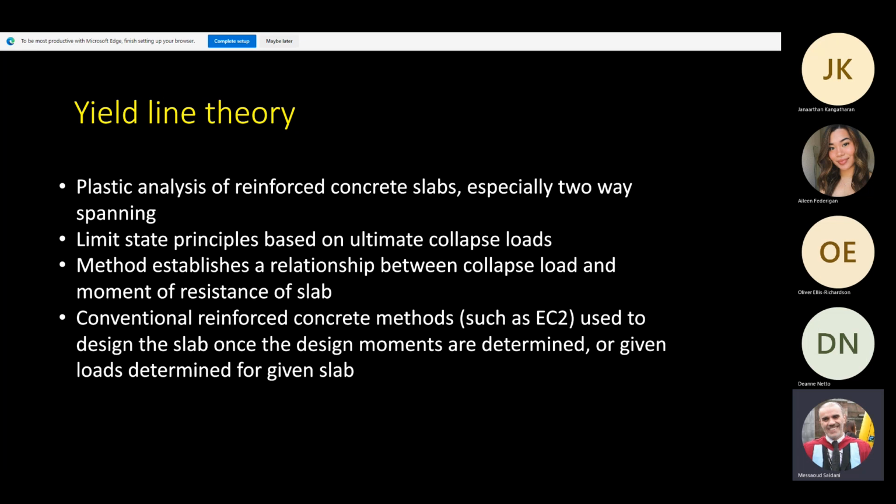So it gives you a relationship between the applied loading and the moment of resistance of the slab at collapse. Are you familiar with EC2? You have used it for reinforced concrete, isn't it? What does EC2 give you for a reinforced concrete beam? What does it give you?